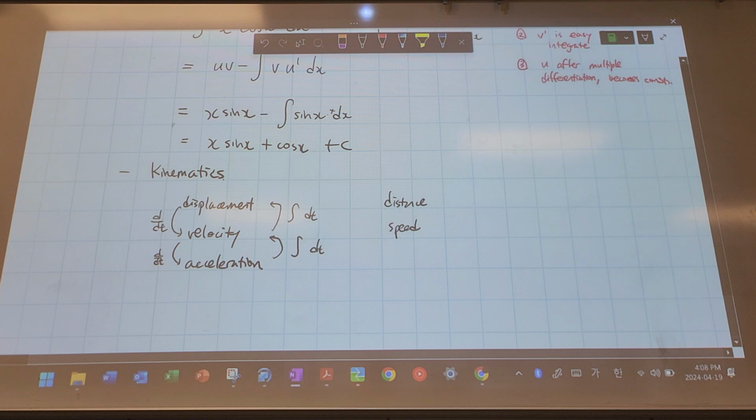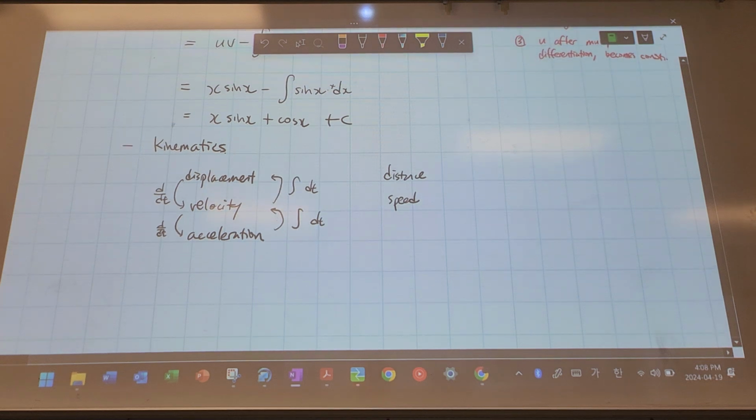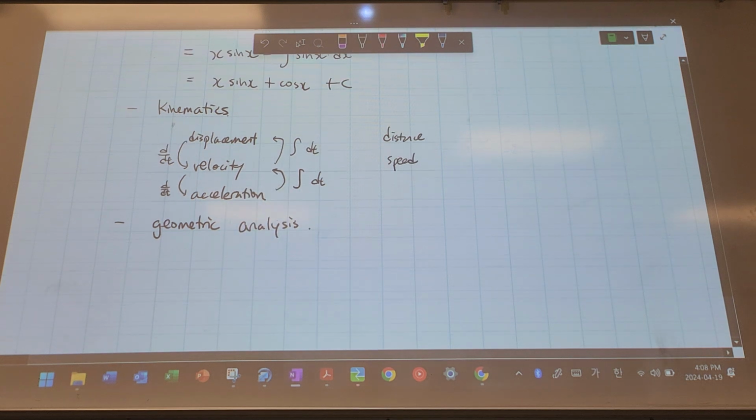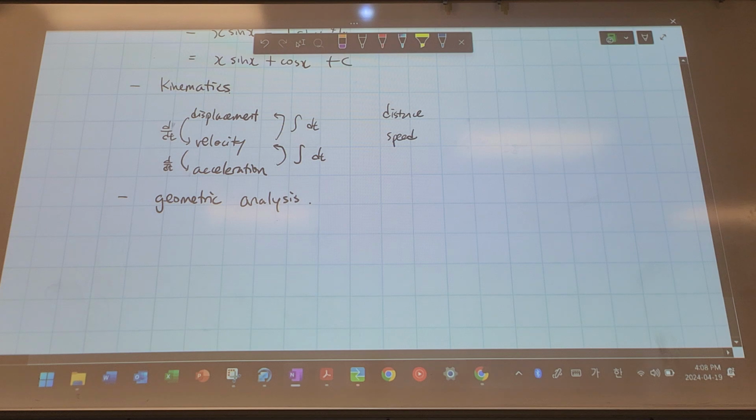I think that automatically leads to the next part, the graphical or geometric part: geometric analysis. So what does the integral mean overall? What is the meaning of the derivative? We find the instantaneous rate of change. Then what is the meaning of the integral?